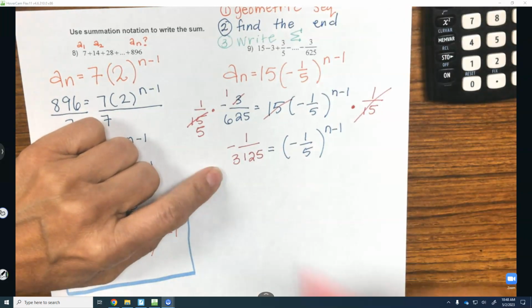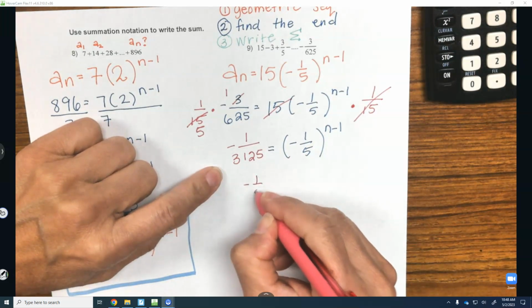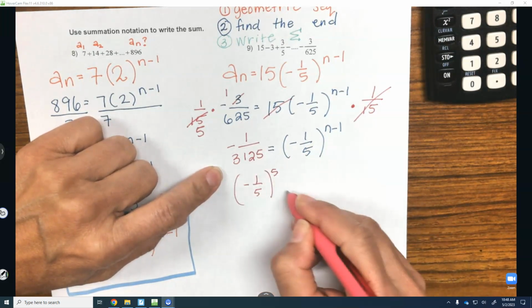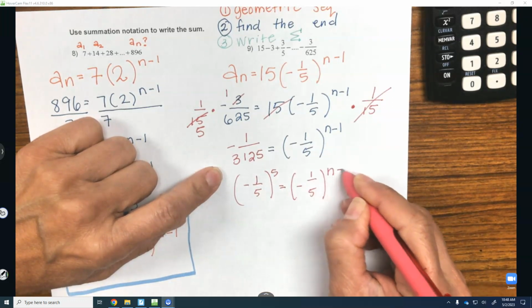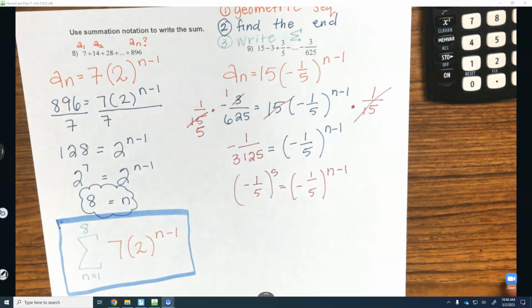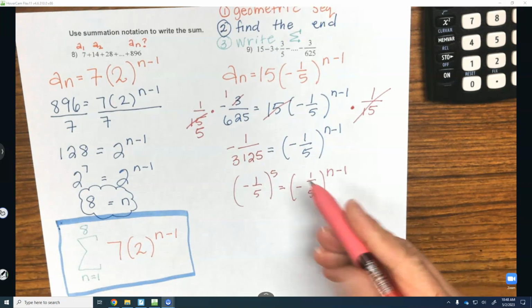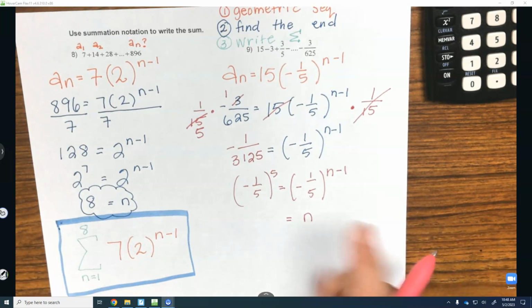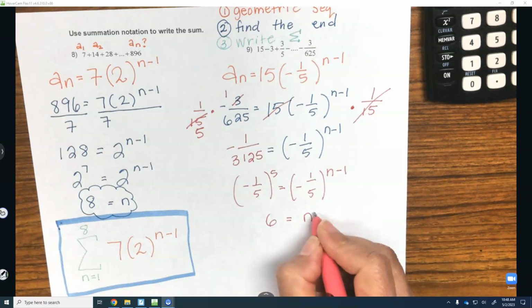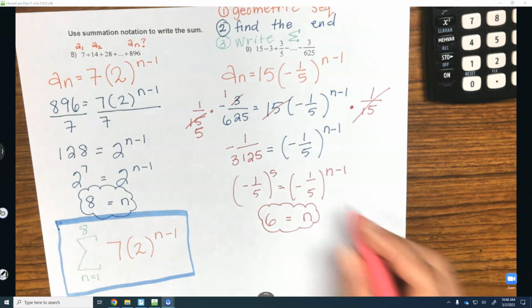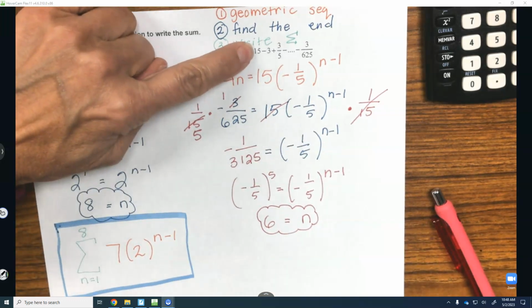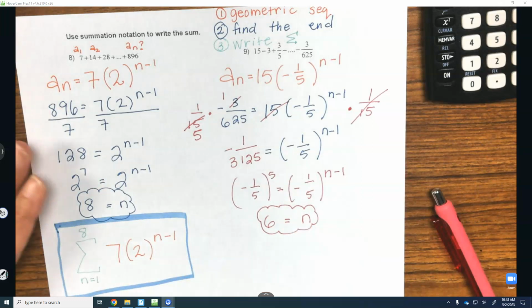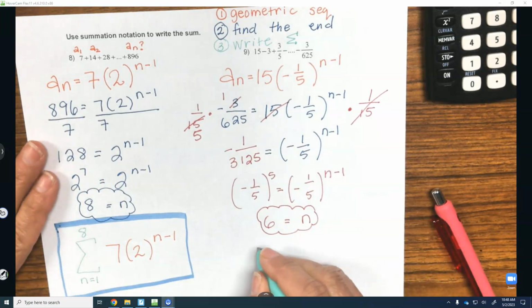So I know that this is this. Now you can drop the base and you can easily see what n equals. What does n equal? 6. It does. So that's going to be the end of the finite summation. It is from the first term to the 6th term. So let's use our appropriate notation.